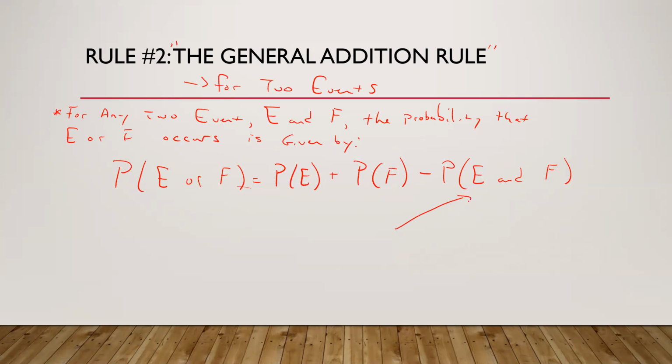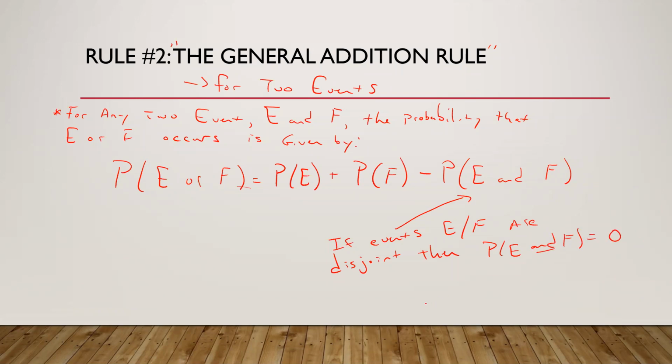What I mean by sometimes subtraction: if events E and F are disjoint, what that means is the events are mutually exclusive, meaning they cannot happen at the same time, so there's no overlap. Then the probability of E and F is equal to 0.